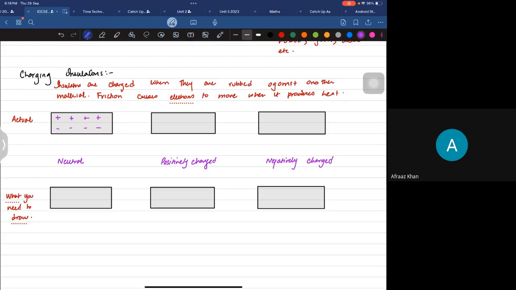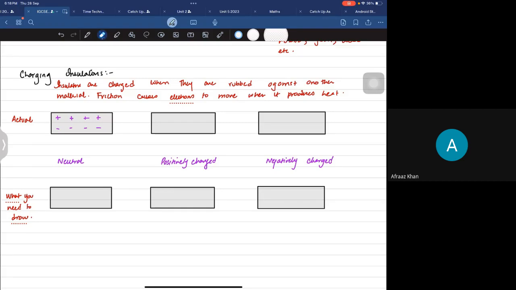We just show it blank, which means that it is neutral. It has equal charges. Understood, everyone? Tariq, Abdullah, Rabia. Dawood, everything is clear? There you go.